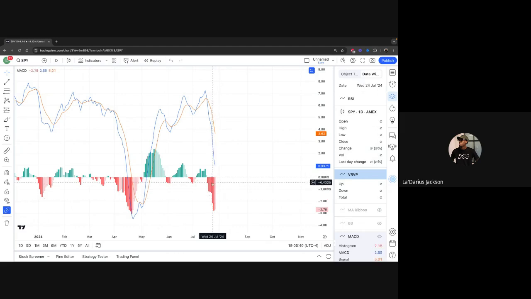This red is saying that, yes, it is confirmed that the selling pressure is dominant for this period. If you look at the green, this is saying, yes, the blue line is on top and the buying pressure is being applied. If buying pressure is being applied, the stock is going to go up. If selling pressure is being applied, the stock is going to go down. Extremely simple indicator. Any questions so far?